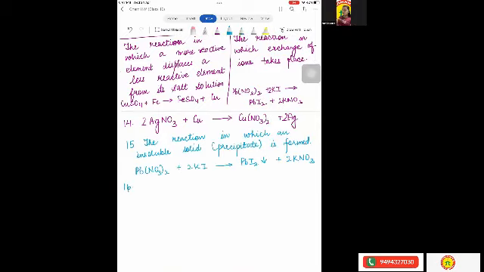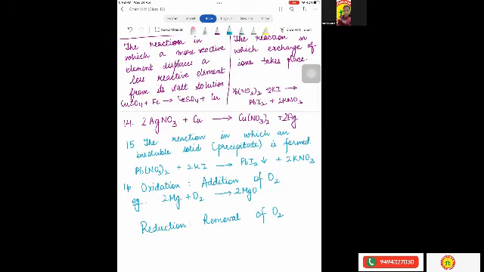In case of oxidation, the addition of oxygen occurs, because we are supposed to tell in the case of oxygen only. Whereas in case of reduction, the removal of oxygen occurs.